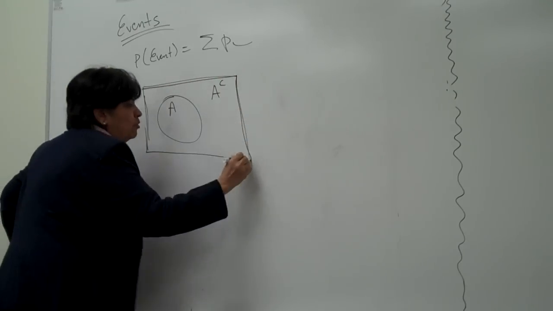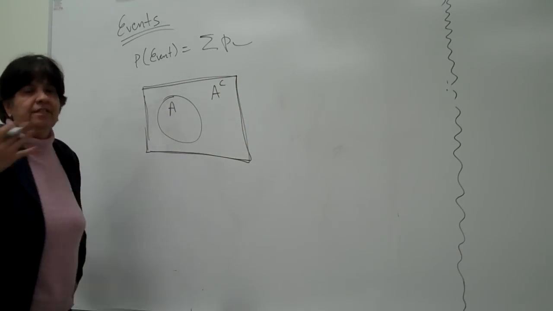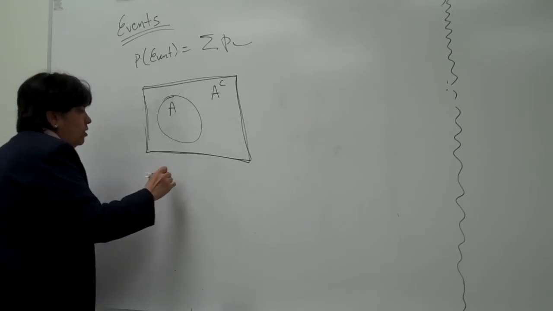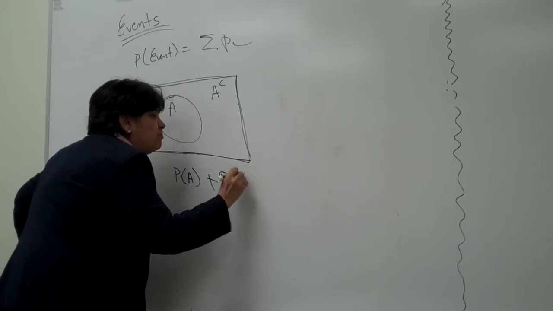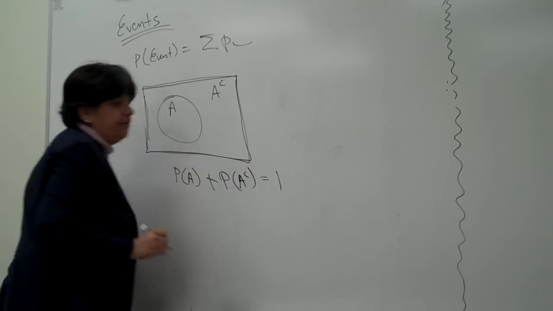This is the sample space, and all the sample space has to be equal to 1. So the probability of A plus the probability of A complement has to be equal to 1.